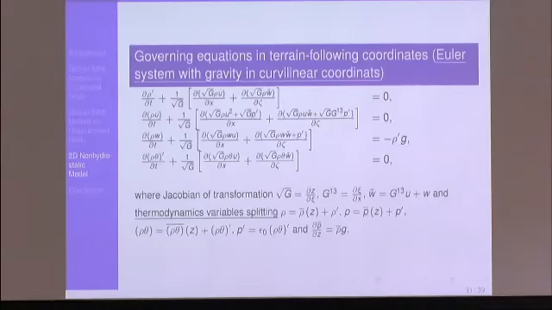Another thing that should be pointed out is that here we widely use thermodynamic variable splitting. We split the thermodynamic variables, density, pressure, and the potential temperature into a reference state and deviation.